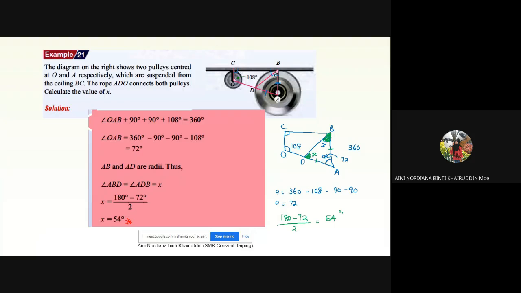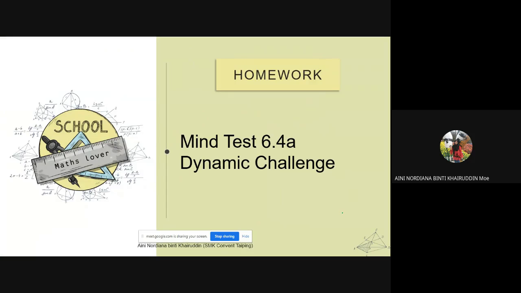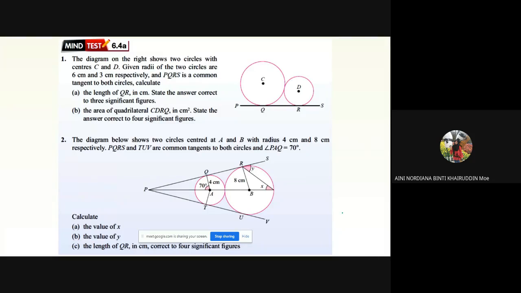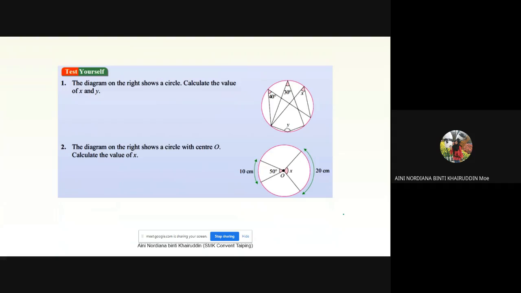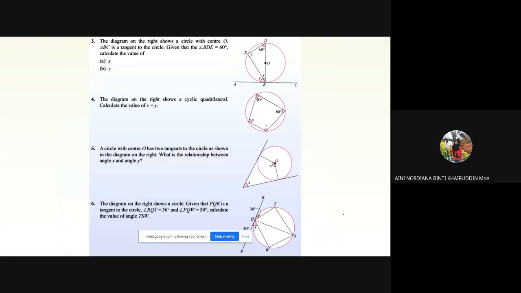Okay. So this is your homework, Mind Test 6.4a and Dynamic Challenge. Mind Test 6.4a has 2 questions. So you no need to copy the question if you don't want. You just do the solution. And for Dynamic Challenge, you have 6 questions.